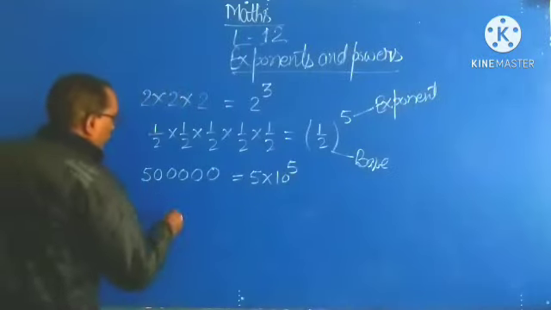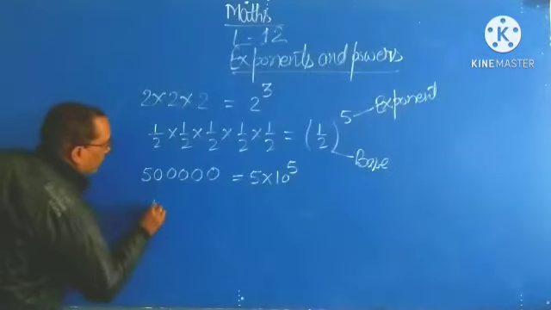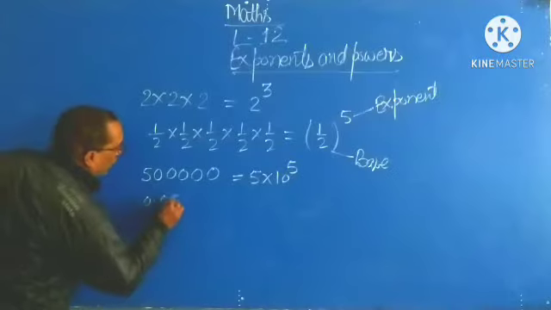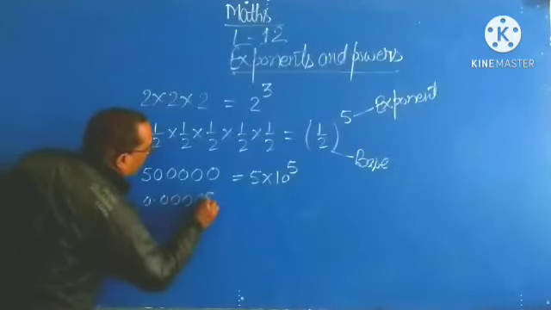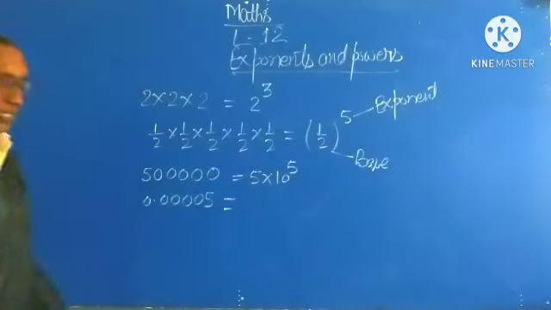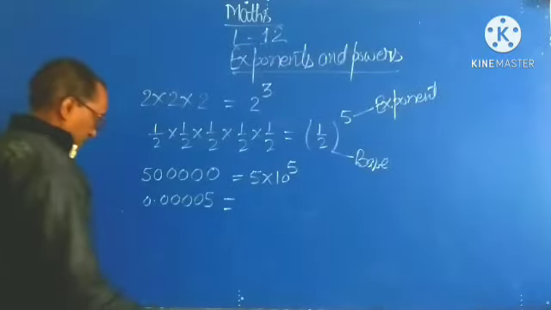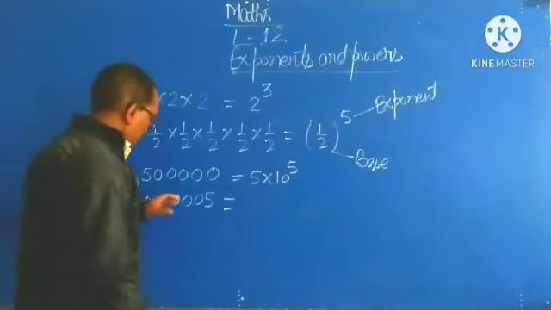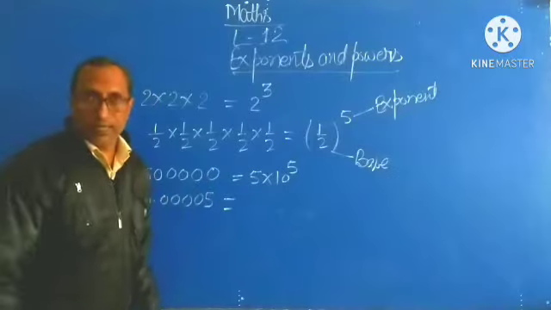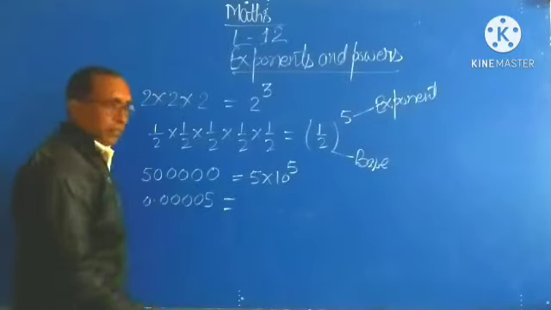Clear? If you want to write 0.00005 in scientific notation, this is a very small number, and it is also written in scientific notation.